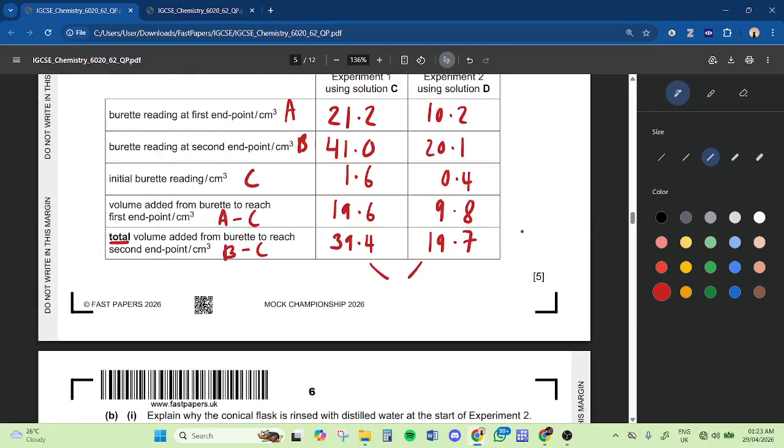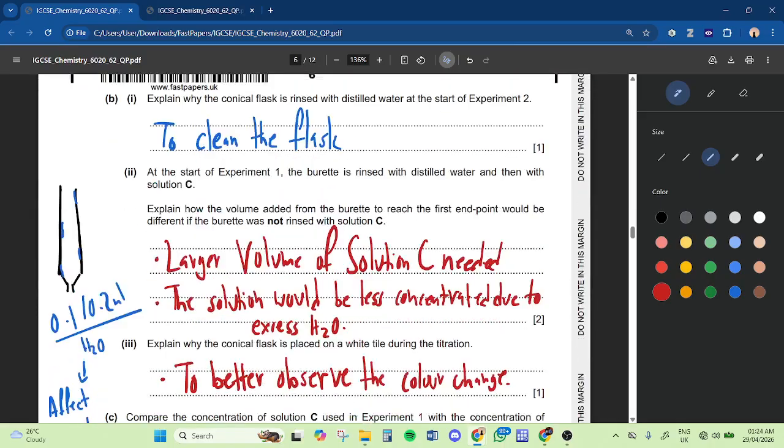If you take a look at these numbers, 19.7, if you multiply this by 2, you're going to get 39.4, which is coincidentally the amount of solution C you had to add in experiment 1. So solution D required half the amount.